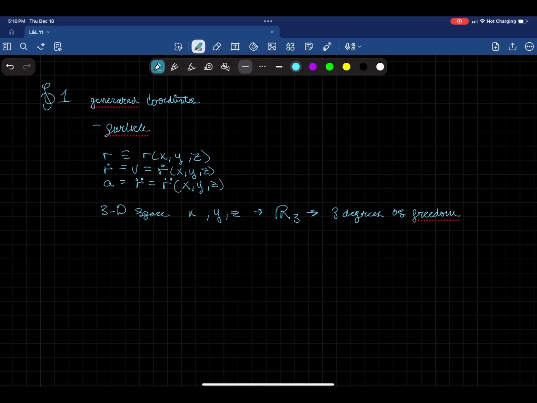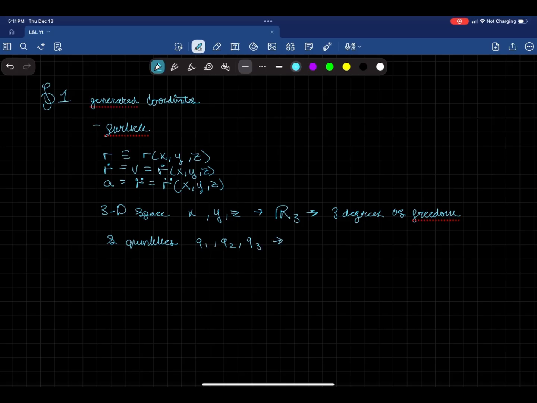Now, these degrees of freedom don't necessarily always have to be in Cartesian coordinates. They can be in cylindrical, spherical, whatever the problem makes more convenient. And if we redefine this idea as s quantities, we can call them q1, q2, q3.